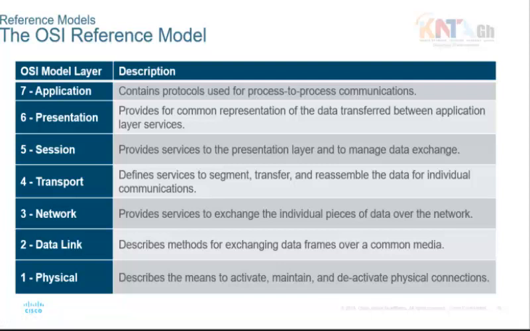We have the third layer, which is the network layer, that provides services to exchange the individual pieces of data over a network. We have layer 4, which is the transport layer, that defines services to segment, transfer, and reassemble data for individual communication.